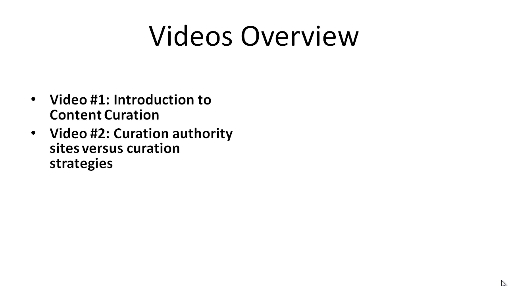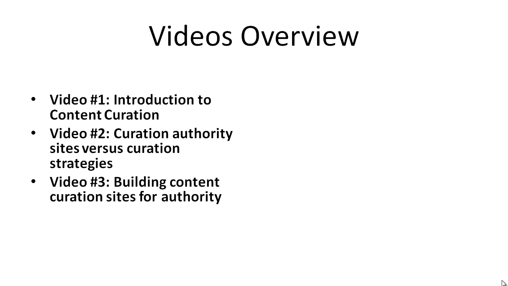It's a great way to make money by owning your own content curation authority site, but just keep in mind that it does take time to create an authority site. On the other hand, we're going to talk about 5 different content curation strategies that you can use right away in your business and just start driving traffic immediately, because authority sites do take time. So the bulk of this video series will be focusing on the content curation strategies.